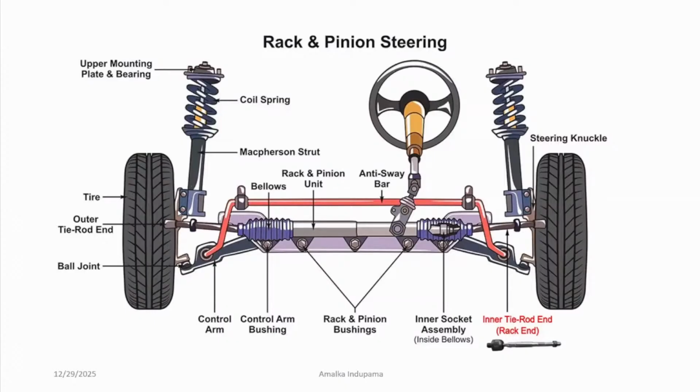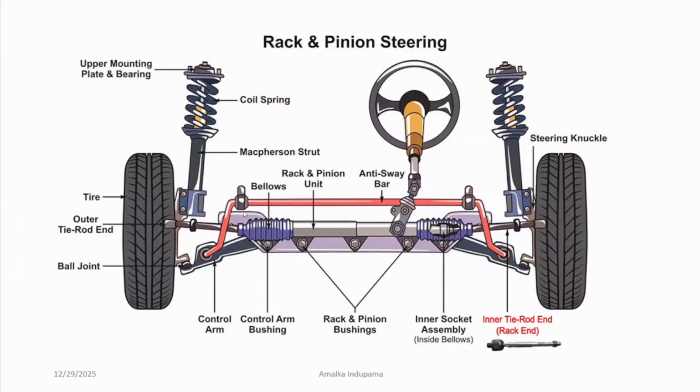Here we have our steering knuckle. The steering knuckle is connected to our lower arm through a ball joint, right? And our anti-roll bar is here, the stabilizer bar, or we call it sway bar, right? Not the anti-sway bar, it should be sway bar.